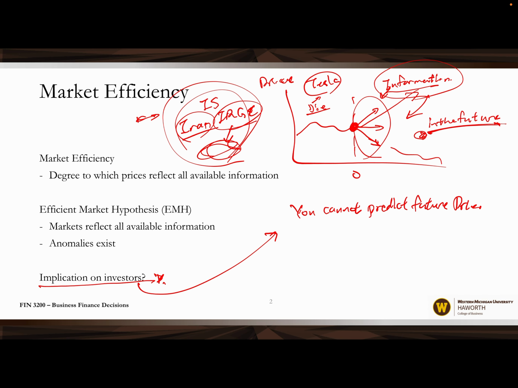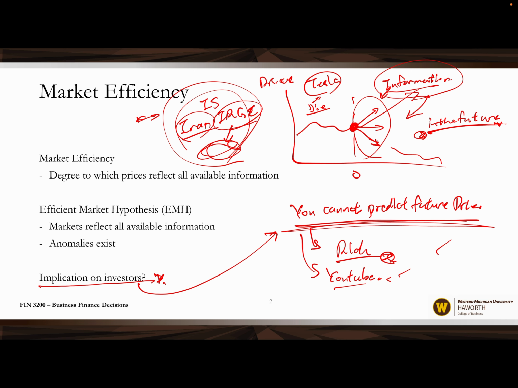So basically, you cannot predict the future price. If you knew the future price, you'd be incredibly rich. So don't listen to people, and there are a lot of YouTubers saying the price will be this and that. They don't know. If they knew, they wouldn't share the information with you.